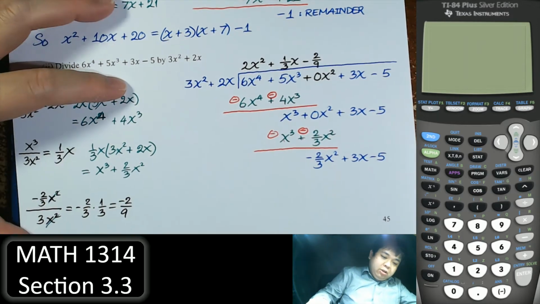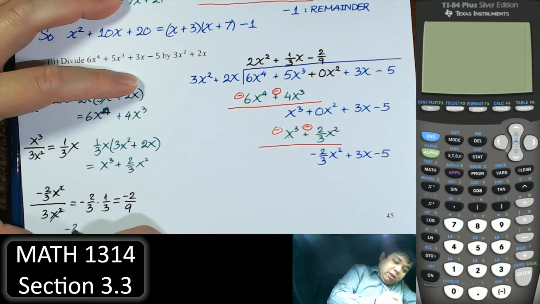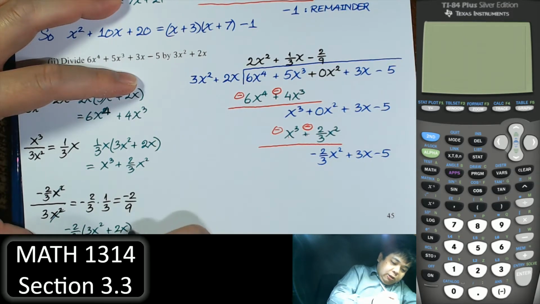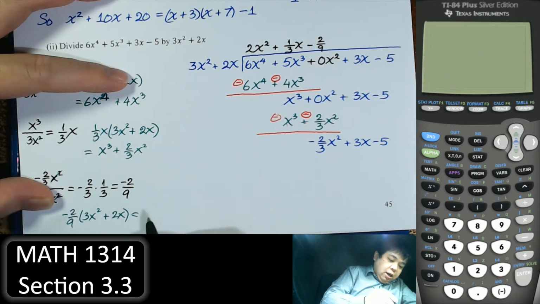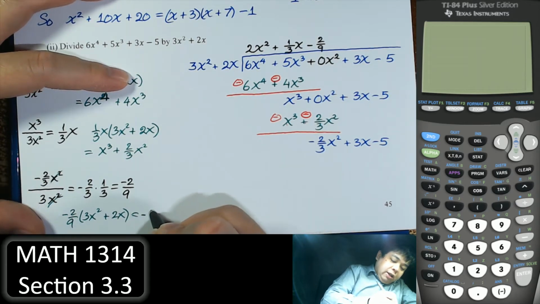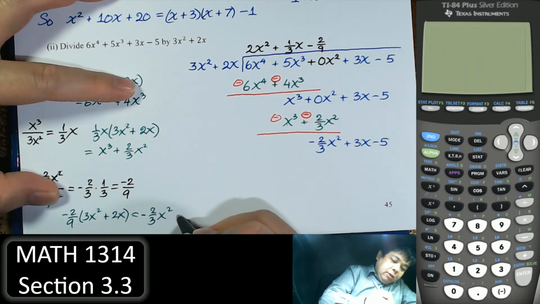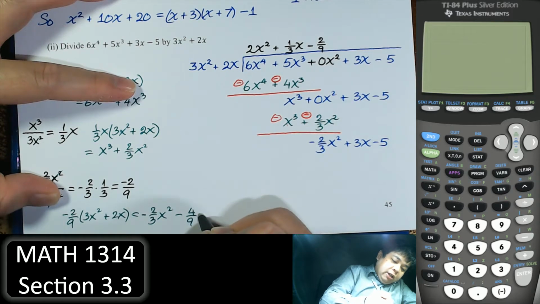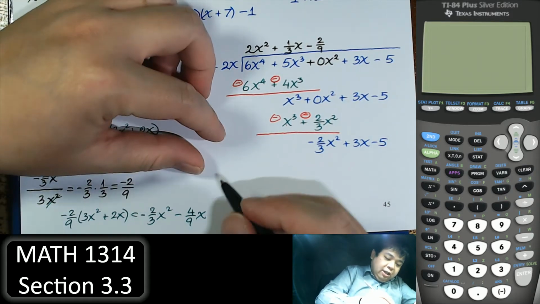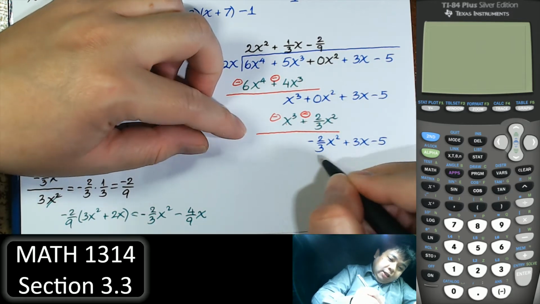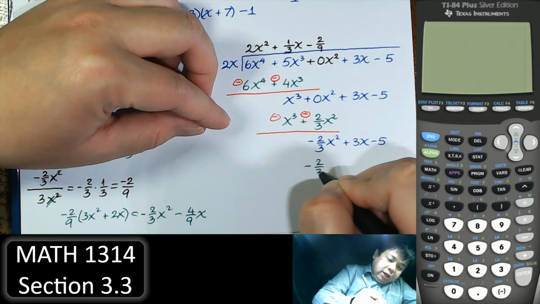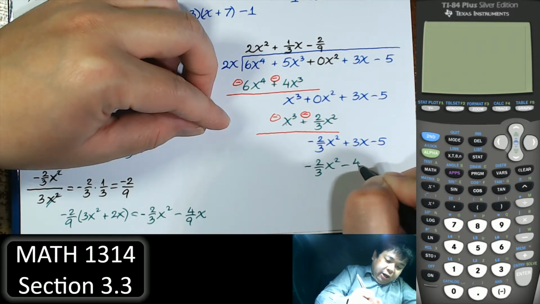And multiply backward to the divisor. The 3 and 9 cancel out. So we have negative 2 over 3 x squared minus 4 over 9 x. Negative 2 over 3 x squared minus 4 over 9 x.